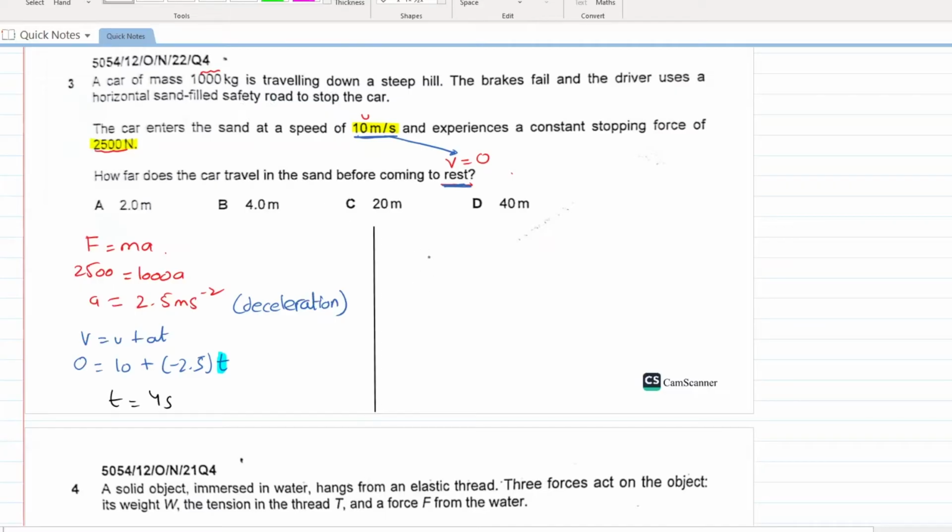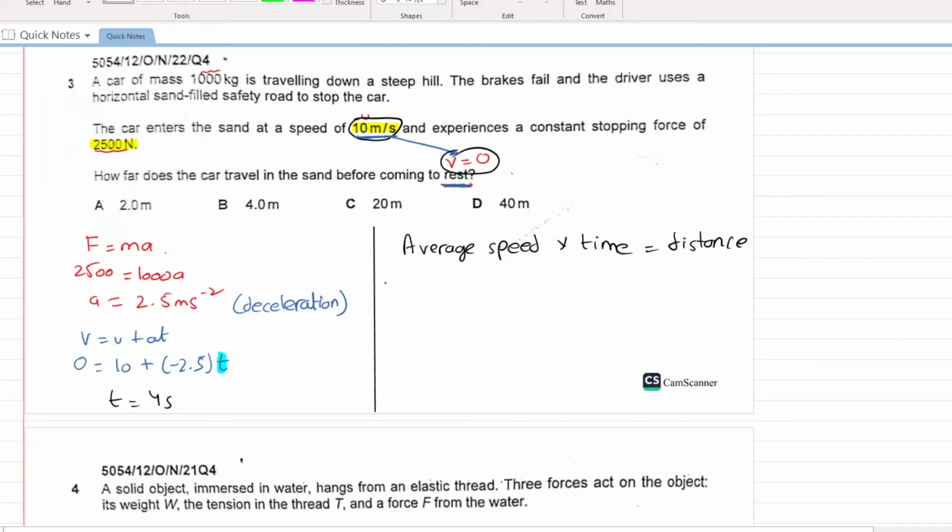Can you calculate the distance traveled during this 4 seconds? Yes, you surely can. What will you do? Average speed into time. Now, why have I taken average speed and not only speed? Because can you see the speed is changing from 10 to 0.